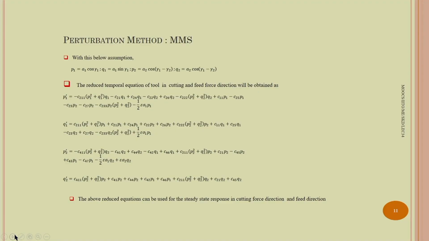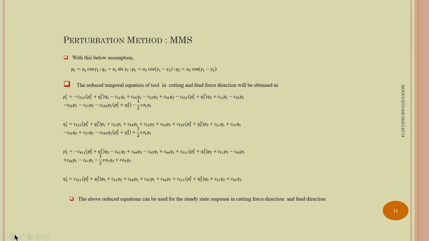So, here we can assume P1 equal to a1 cos gamma 1, Q1 equal to a1 sin gamma 1, P2 equal to a2 cos(gamma 1 minus gamma 2), and Q2 equal to a2 sin(gamma 1 minus gamma 2).